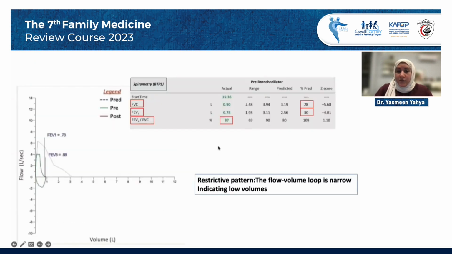This is a restrictive pattern of spirometry, and you can see that the FVC is 28%, much lower than normal, which is 80%. The predicted FEV1 is also 30%, but the ratio between them is 87, which is normal. And you can see that the flow volume loop is very narrow, which indicates that all the lung volumes are low.